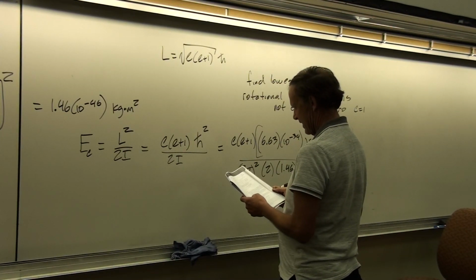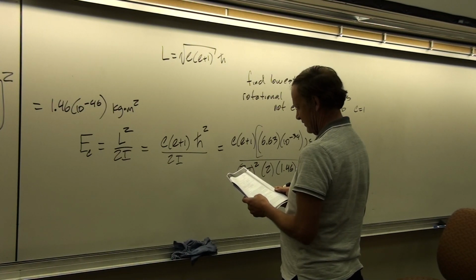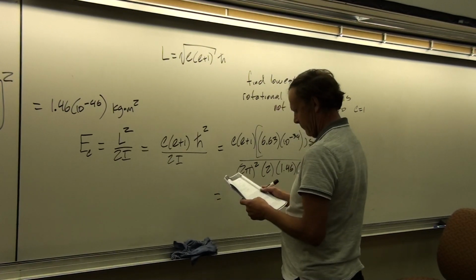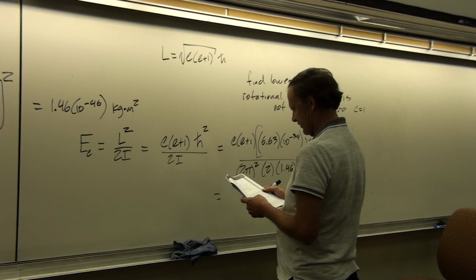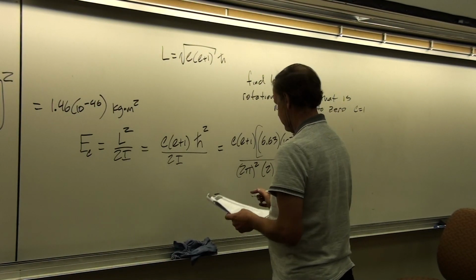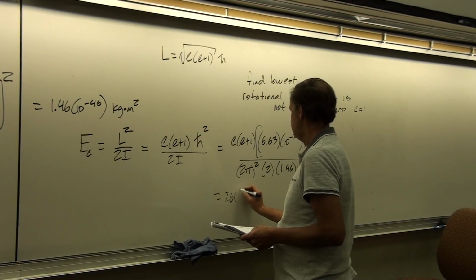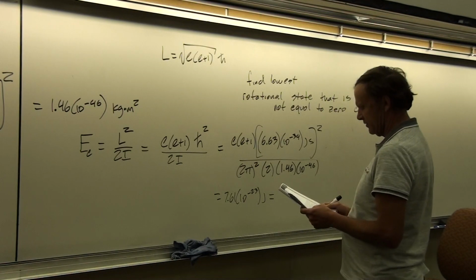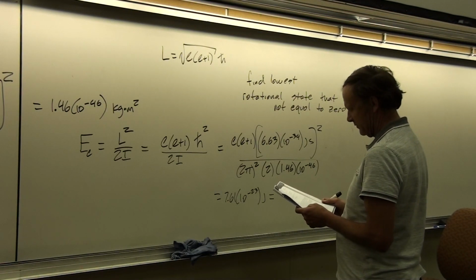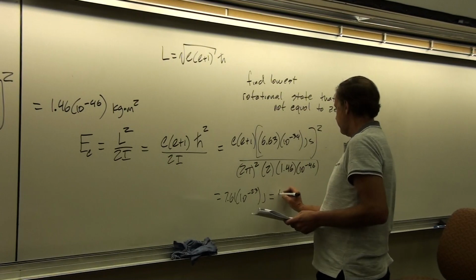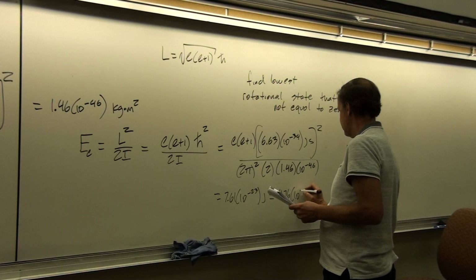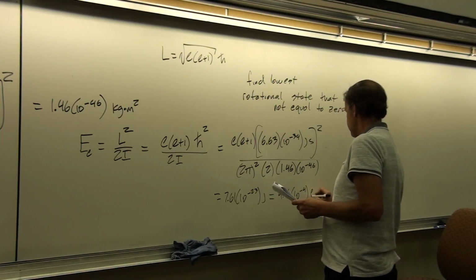And so if we solve that then for the energy, that gives us 7.61 times 10 to the minus 23 joules. If we convert joules into electron volts, that gives us our answer as 4.76 times 10 to the minus 4 electron volts.